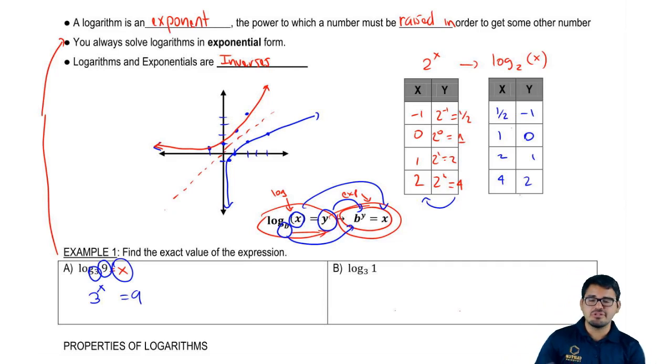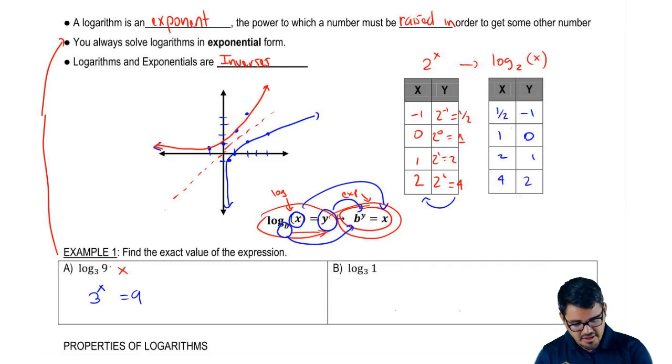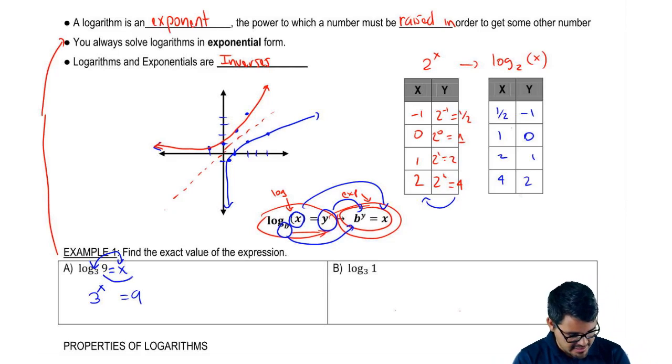If this was a little too complicated, what I like to tell people is to think of going from logarithmic to exponential as joining the outsides, and in this case the outsides are the 3 and the x. You guys see how these things are on the outside, and we're going to kick out the middle, which is the 9.